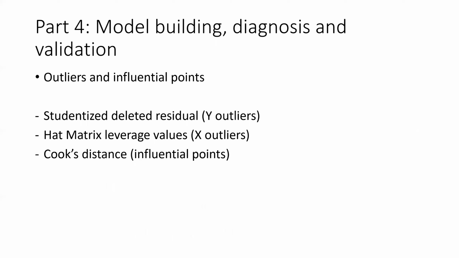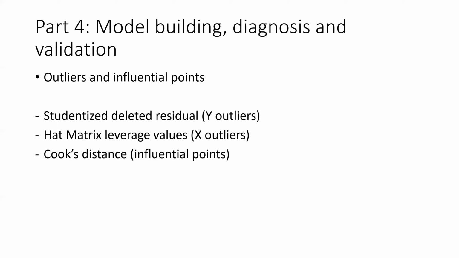Here, we need to investigate if there are any outliers or influential points. So here are 3 concepts tightly related to outliers and influential points. The first one is studentized deleted residuals, which identify the Y outliers. The second is hat matrix leverage values, which identify X outliers.